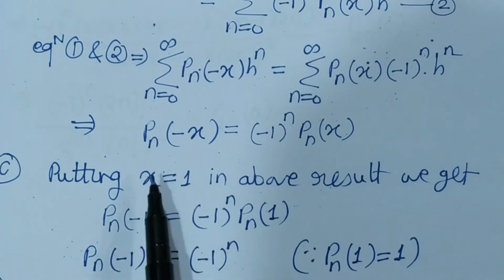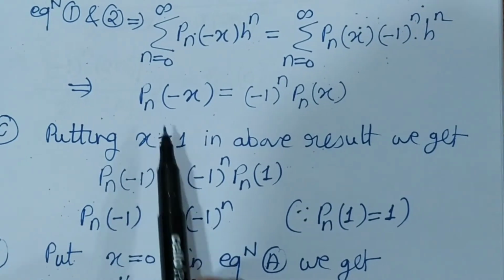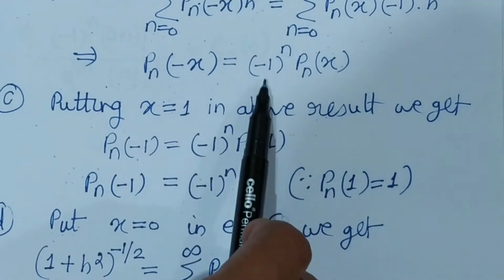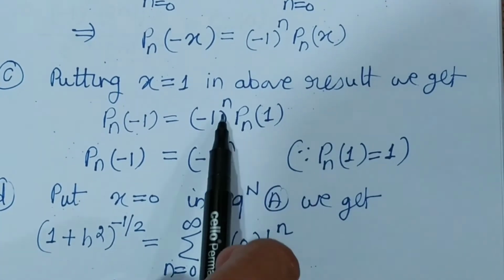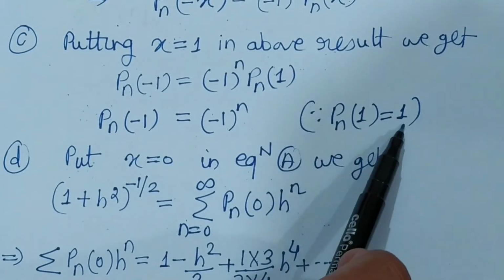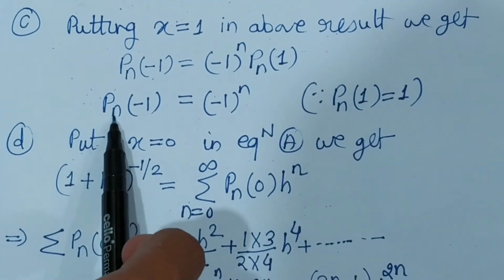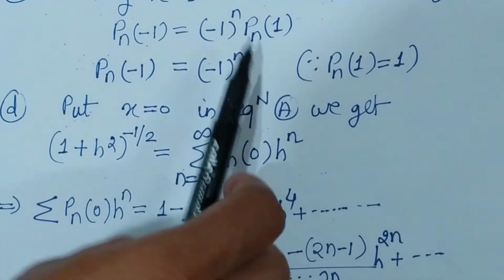So just put x is equal to 1 in the above result. So it is Pn of minus 1 is equal to minus 1 raised to n Pn of 1. But the value of Pn of 1 according to the first result is 1. So therefore Pn of minus 1 is simply minus 1 raised to n.